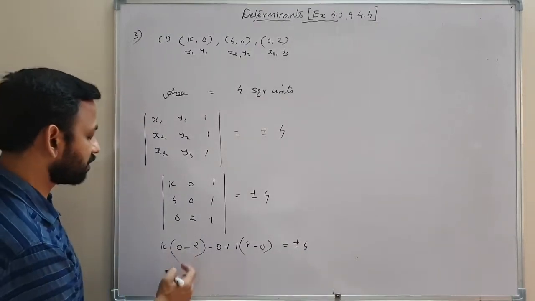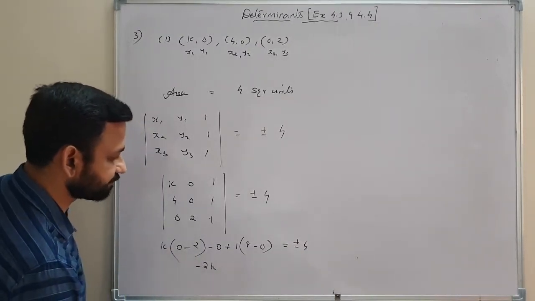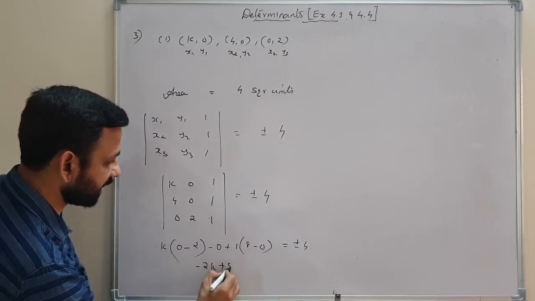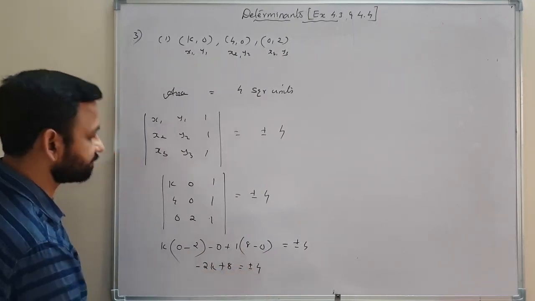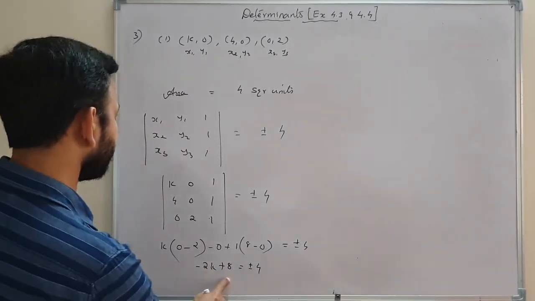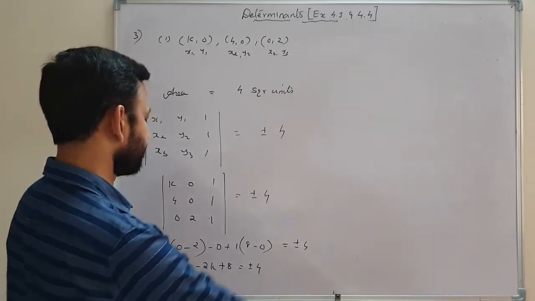So k into minus 2, that is minus 2k, then plus 8 equal to plus or minus 4. Minus 2k plus 8 equal to plus or minus 4.